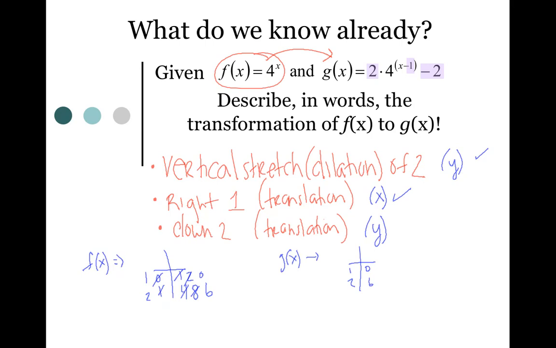I also want you to think about f of x. If you were to graph that, doesn't that have an asymptote at y equals 0? That's a horizontal line. Which one of these, 1, 2, or 3, is it going to be impacted by? Is it impacted by multiplying? No. If you move a horizontal line left and right, it's not going to change.